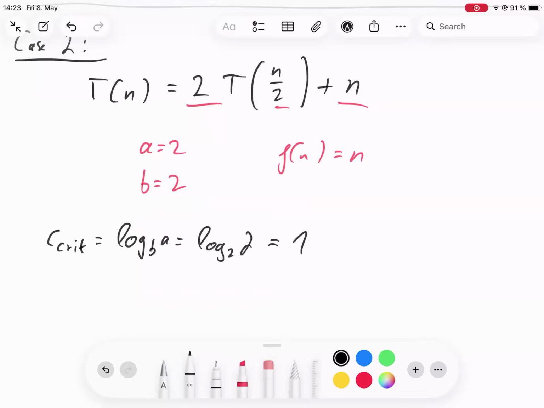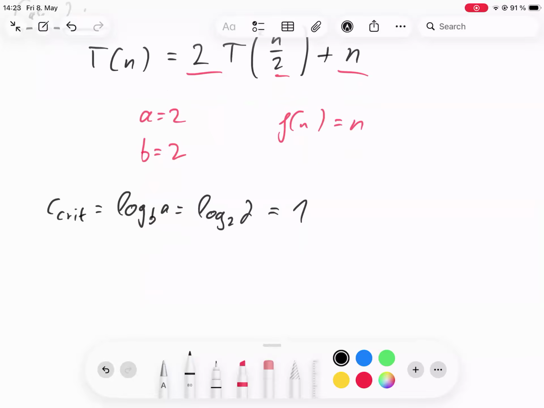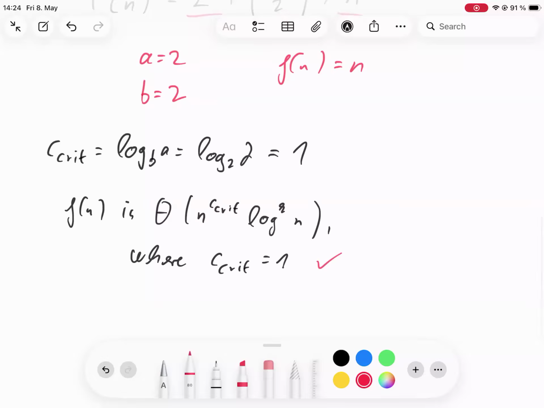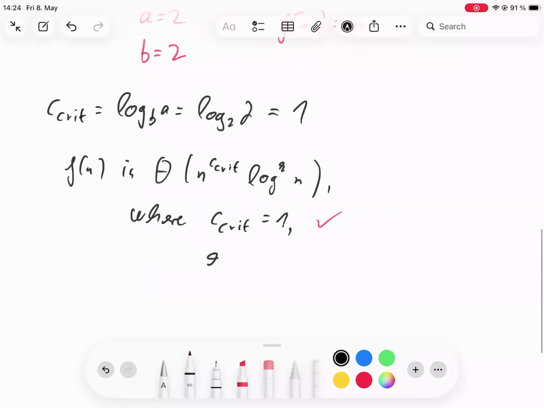And when we look at our f of n, we can say f of n is theta of n to the power of c critical times log n raised to the power of k. So f of n can be described by this, where c critical is 1, which we have shown from before, and where k is 0. Because if I plug in a 0 in here, log n to the power of 0 is just 1, which would make this go away.